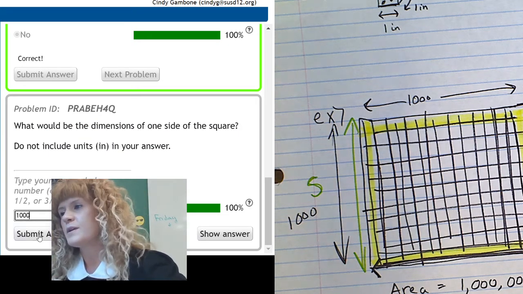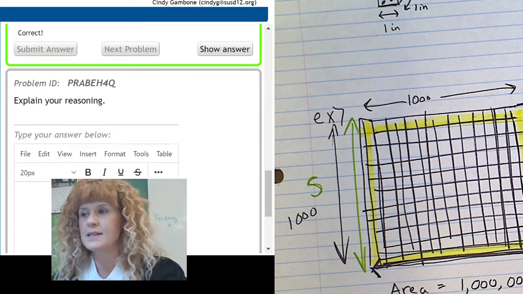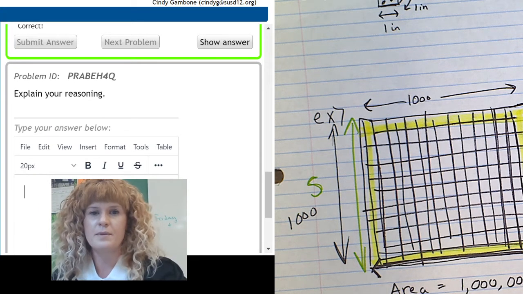And then the next question asks you about volume. Oh, I'm sorry, it doesn't. It says explain your reasoning. Let me help you with that.